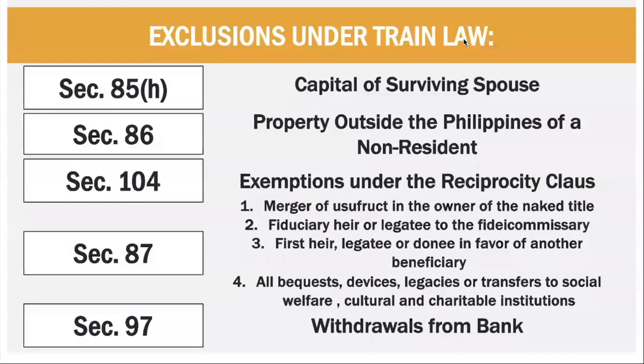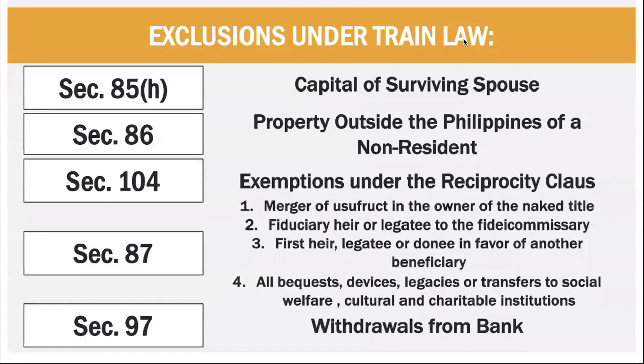Next, Section 86, property outside the Philippines of a non-resident. Next, Section 104, exemptions under the reciprocity clause. Section 87, certain transmissions that are excluded for estate tax. Section 97, withdrawals from bank. We will discuss all of these exclusions under the TRAIN law.